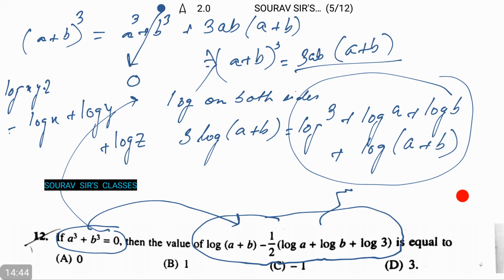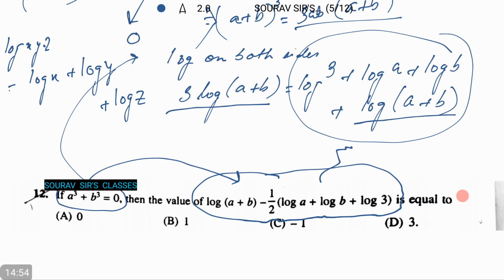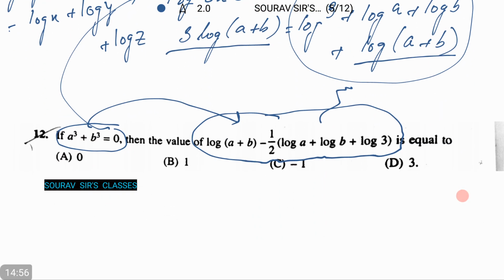And then we note that here we have a 3 log of a plus b, here we have a log of a plus b. Now what we do is we take this thing to this side. Simple.